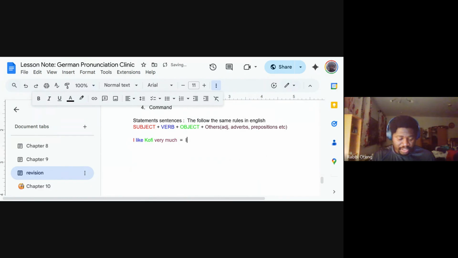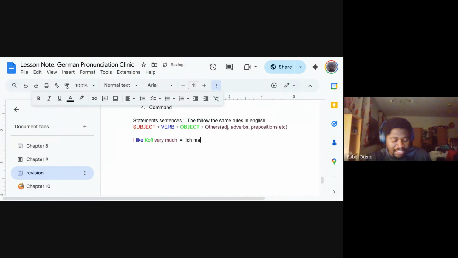In German, your subject will come first. So "I" is "ich" in German, then "mag". We are using the verb mögen, to like, because we are talking about liking a noun, not an activity. We use "gern" for an activity.